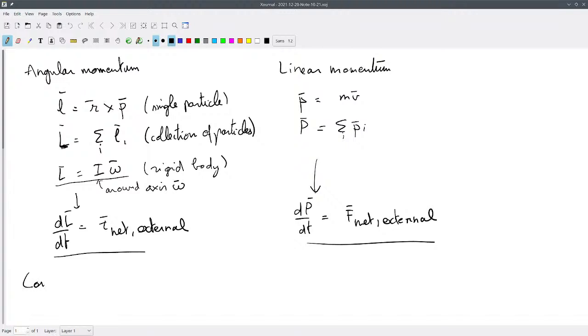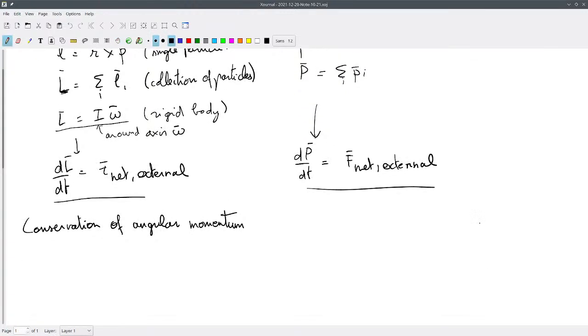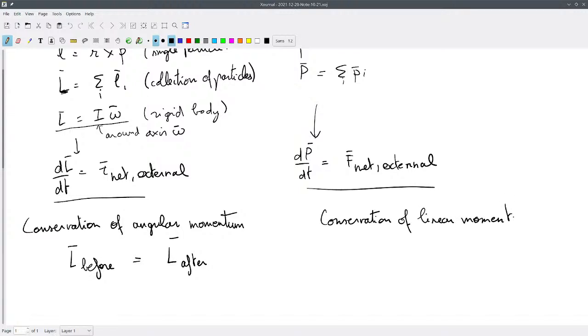Now, conservation of angular momentum is also very similar to conservation of linear momentum. That just says that the angular momentum before some interaction is going to be equal to the angular momentum after some interaction. Again, here we had conservation of linear momentum that we've covered before.